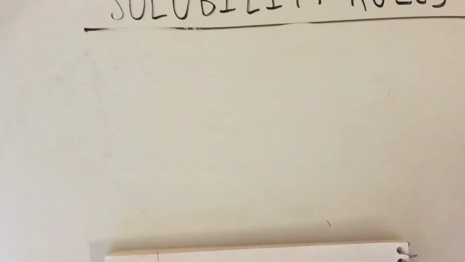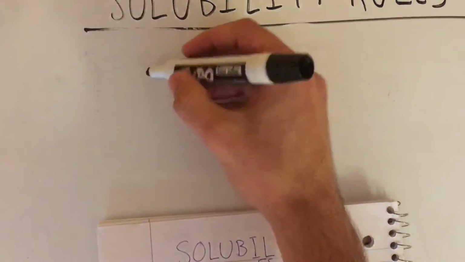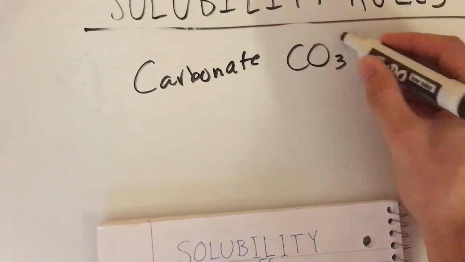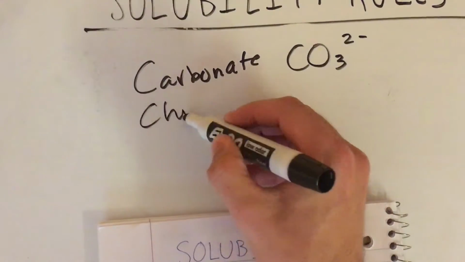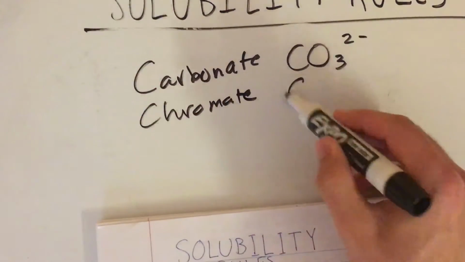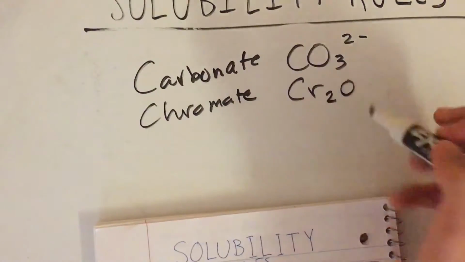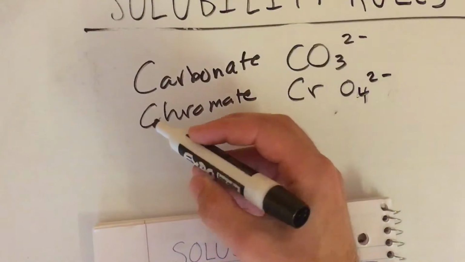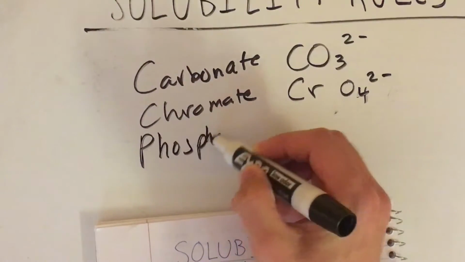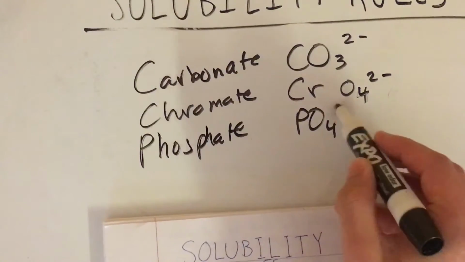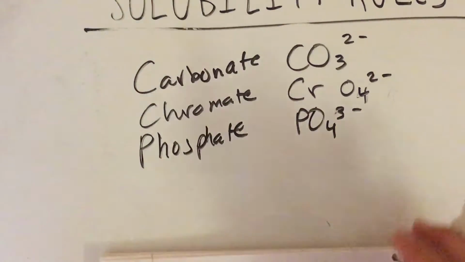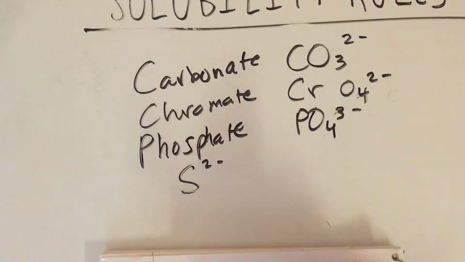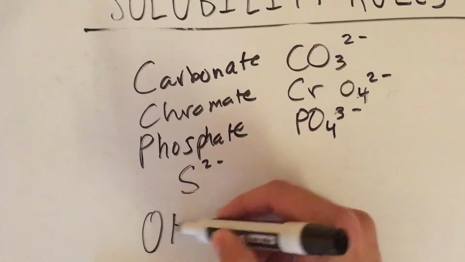Moving on to the insolubles, if you have carbonate, which is CO3 2 minus, or if you have chromate, which is CrO4 2 minus, or if you have phosphate, which is PO4 3 minus, or if you have the sulfide element, which is S 2 minus, or hydroxide, which is OH.